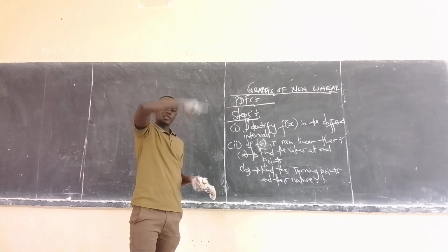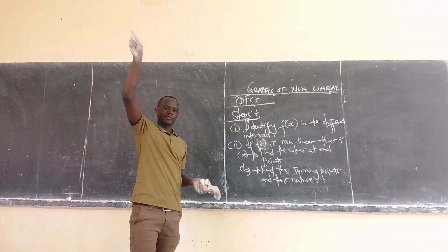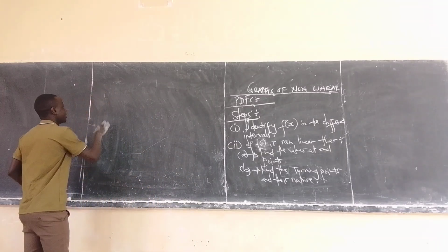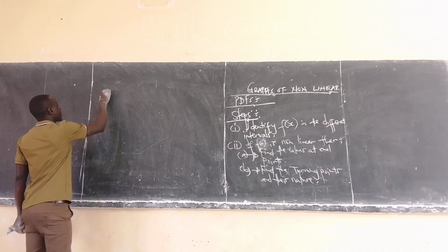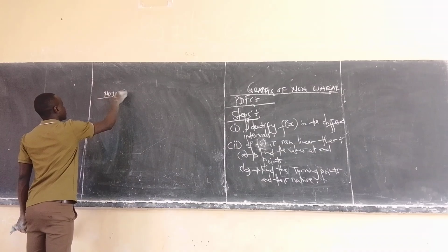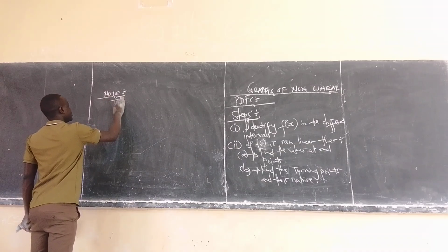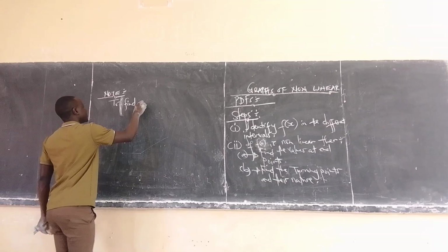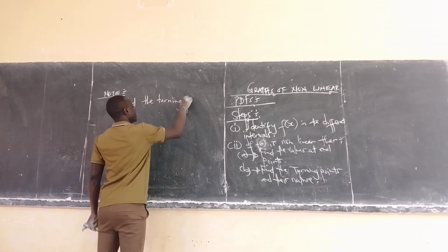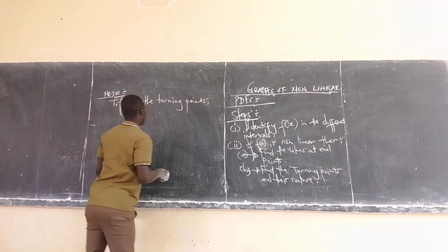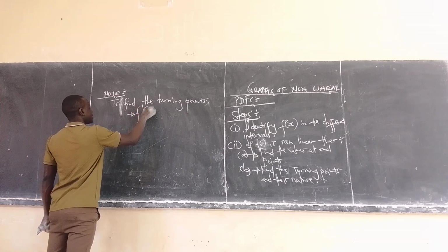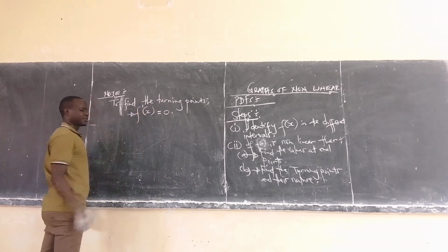The curve is U-shaped or n-shaped, or it is an inflection. So you are finding the turning points, but we are also noting that to find the turning points, you equate the first derivative to 0.